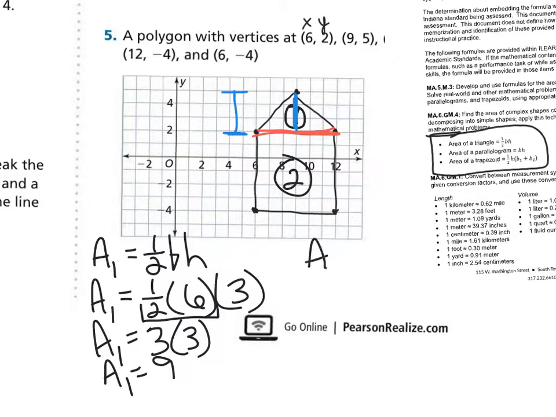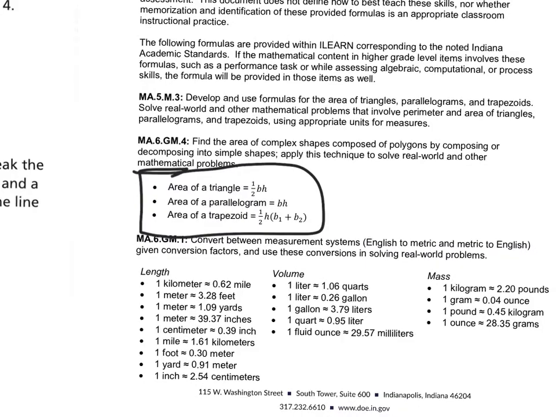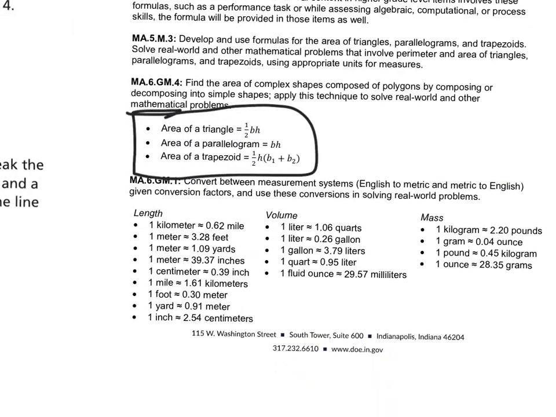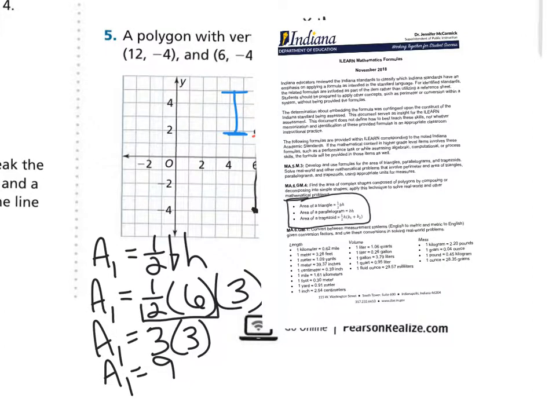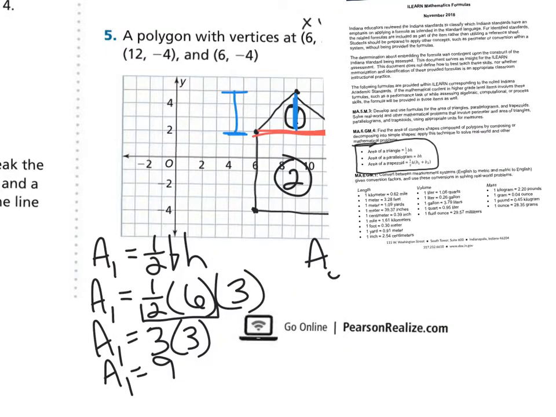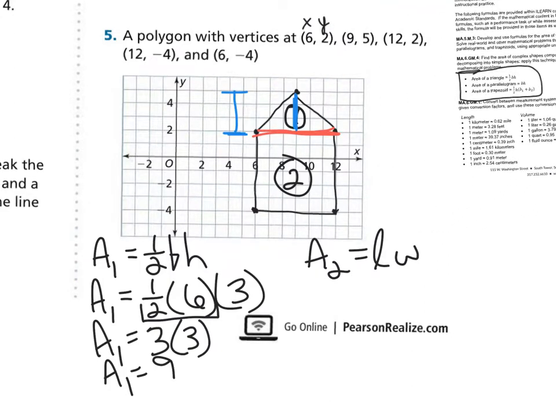So our other section is a rectangle. I'm going to start with that formula. Area of a rectangle is length times width. And if you notice the paper that we were mentioning earlier, area of a rectangle is not on there. So area of a rectangle is one that you would be required to memorize. You have been working with area of a rectangle for a while, so length times width for that.